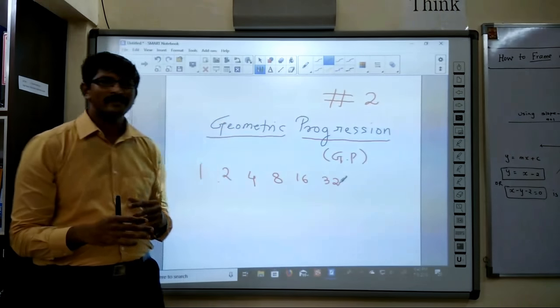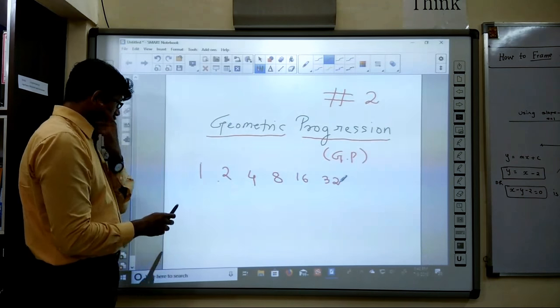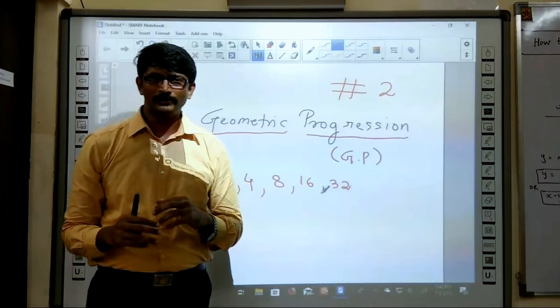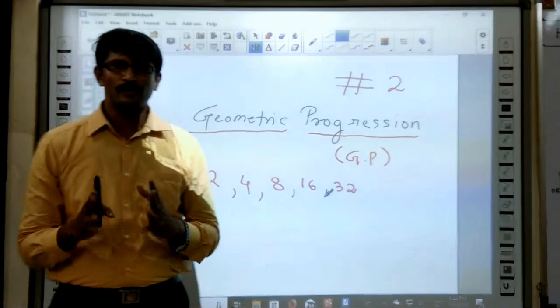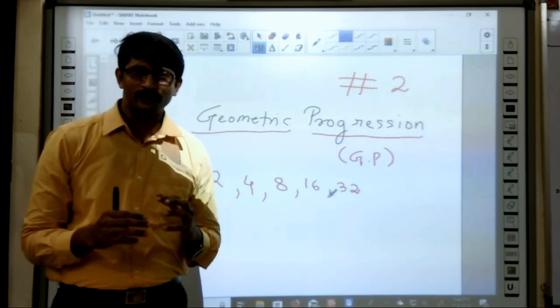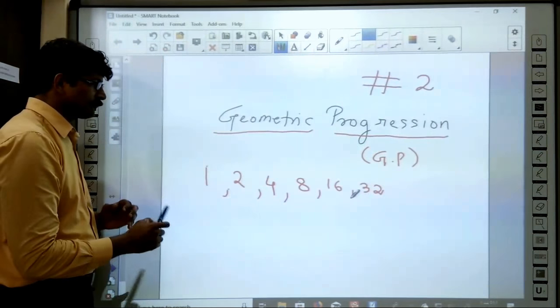So what exactly is the geometric progression? When the sequence has the same common ratio. Now what is common ratio, student? Please understand.